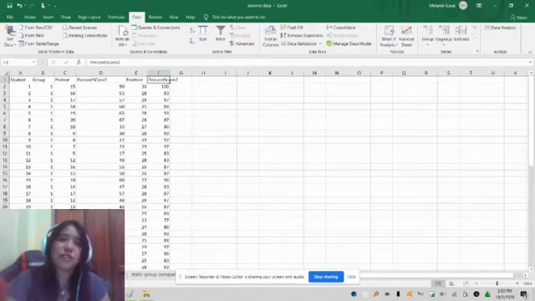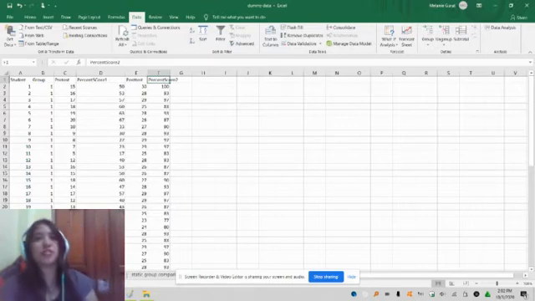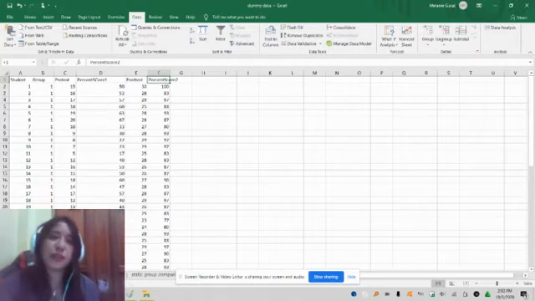Of course, if you obtain a positive, it means that there is really a gain. If the result is zero, it means that the score in the pre-test is the same as the score in the post-test. Or if it is negative, the score in the post-test is lower than the score in the pre-test.